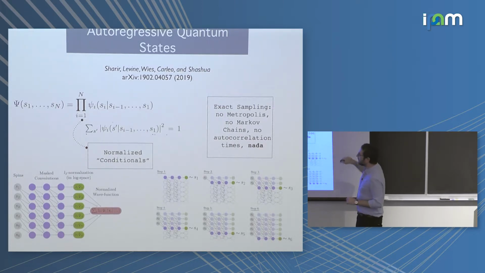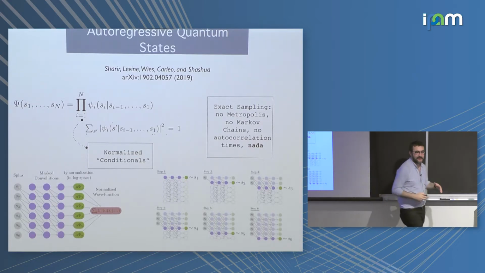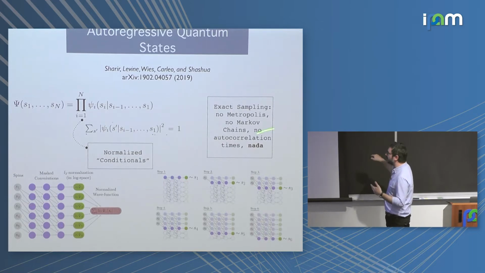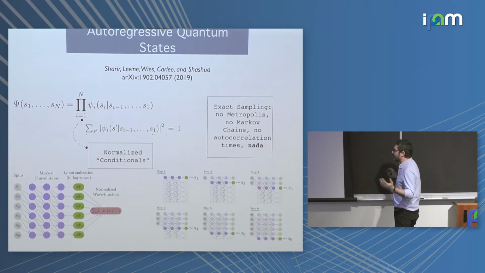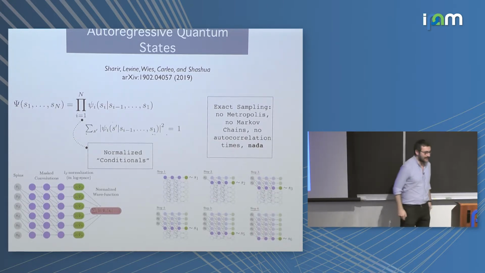As a consequence of this different parameterization, you can show analytically that the resulting total wave function is automatically normalized to 1, and you can also sample from it exactly. You don't have any autocorrelation times, and you have a lot of beautiful properties coming from the fact that this is a truly deep network that you can optimize pretty accurately.